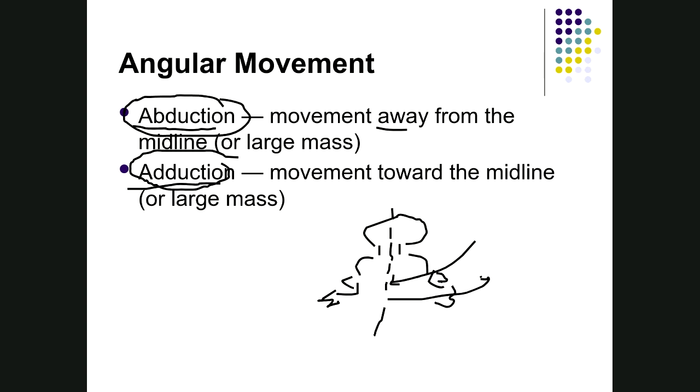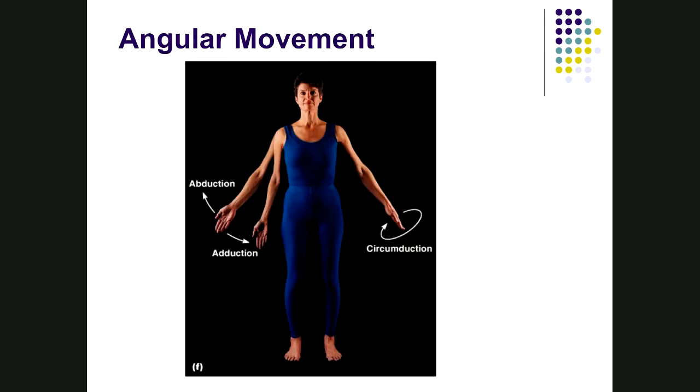So when you raise your arm out like this, here's the midline, you're moving away from the midline. And so that's abduction. But when you bring your hand back this way, you're going toward the midline, and so that's adduction.